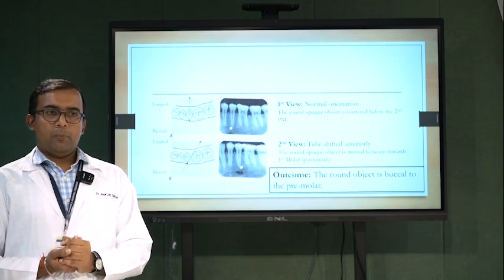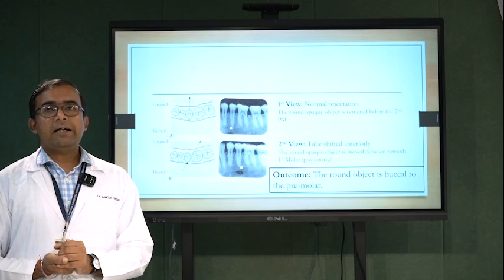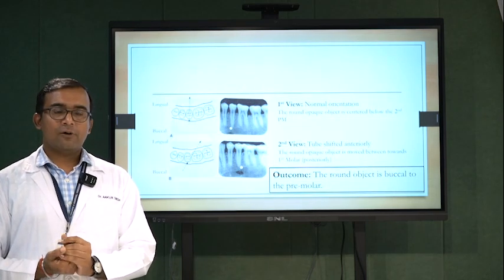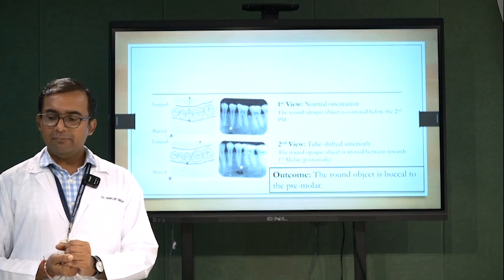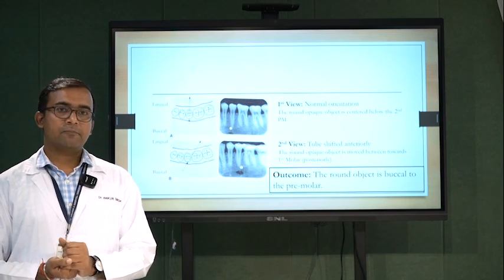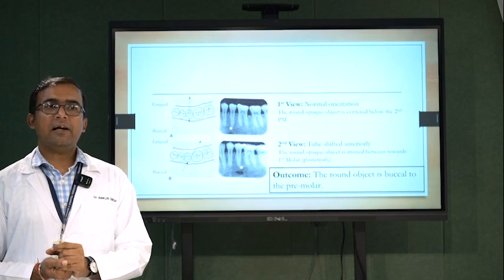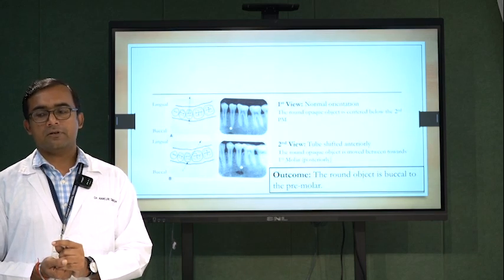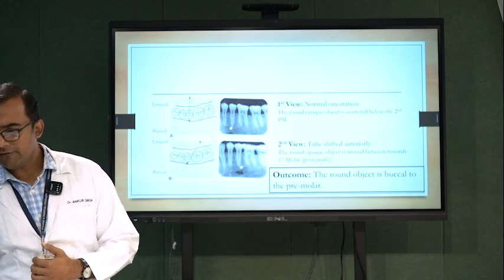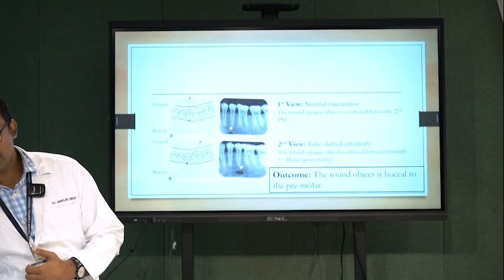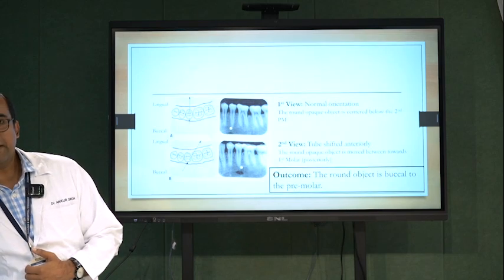Now there is a third possibility also: after performing the tube shift, the object will still be in the same position as earlier. This case occurs when the object is present in line with the reference tooth. For example, if we perform the shift here, the object, like in the second image also, will be periapical.